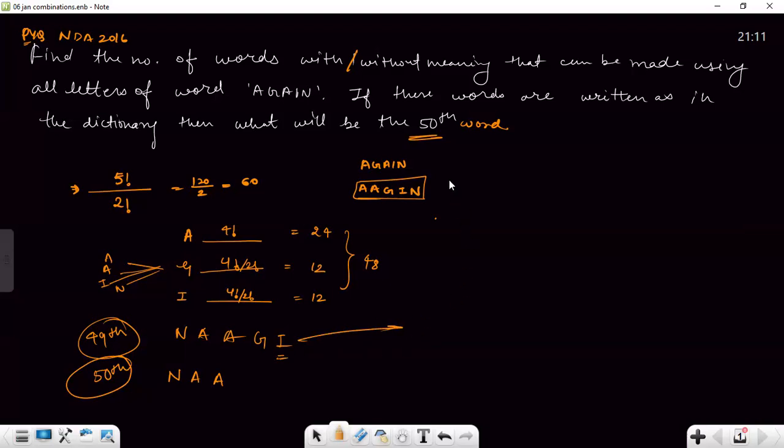Basically, after I, is there any letter left that comes after I? No. Every other letter is used, so we cannot change here. Let's look for the next position. After G comes I and N. N is already used. I we can use here. So we'll use I here and G here. And this is the 50th word. Is that clear, everyone? This is the answer.